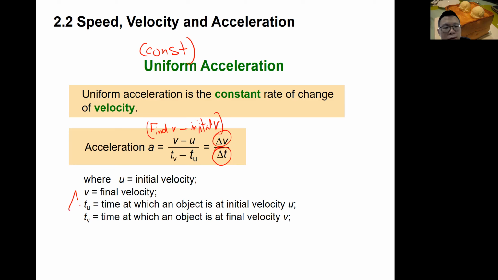This is the context that you must be careful about: final minus initial, divided by final time minus initial time. We always take the final first, then the initial. So this is the mathematical formula.